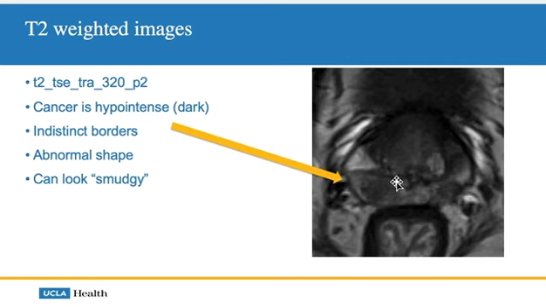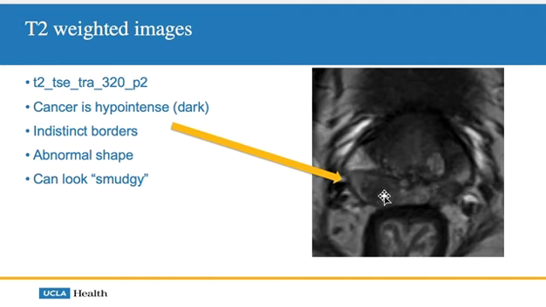And you can see here this area of hypointensity in the peripheral zone. It's relatively poorly demarcated. There's sort of a border appearance here, but on the other side of this lesion, you don't see a strong border. And it has kind of an abnormal shape. It has a little bit of a smudgy appearance. So malignancies in the peripheral zone will not be well demarcated.